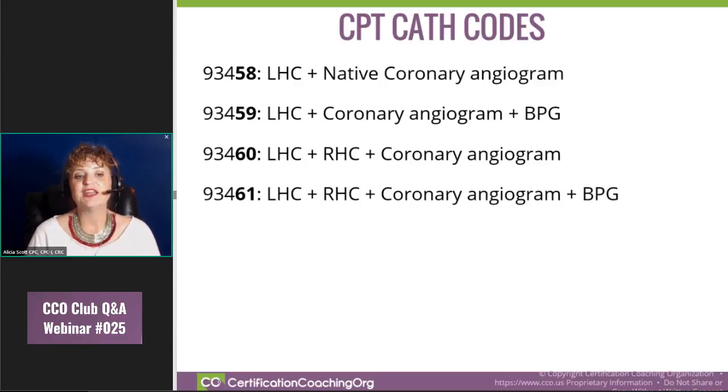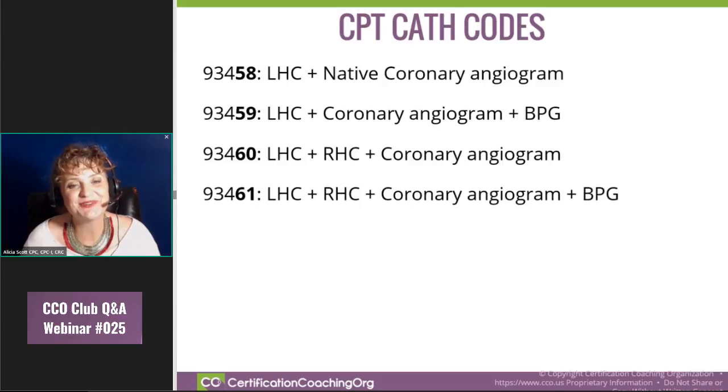Simple. All right, now we're going to do 93460. So we're going to do a left heart cath, a right heart cath, and a coronary angiogram. And then last, we get to wrap it up, and it's kind of doing everything you could possibly do. 93461 is going to be left heart cath, right heart cath. We did a coronary angiogram and a BPG.